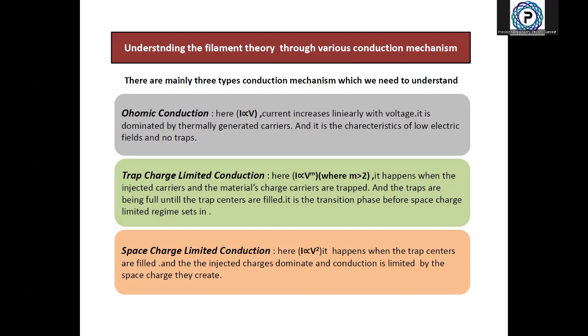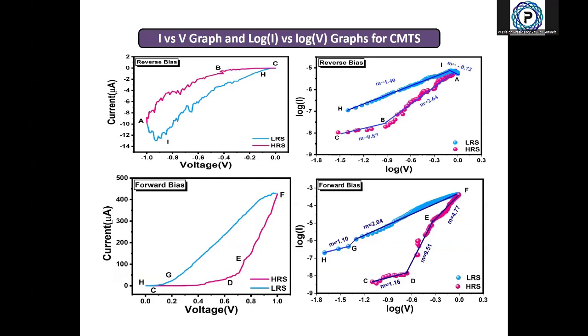That means the current rises again. This is the IV graph, and this is the log I versus log V graph. When the slope m is near 1, it is ohmic conduction; when it is greater than 2, it is trap charge limited conduction; and when it is equal to 2, it is space charge limited conduction.